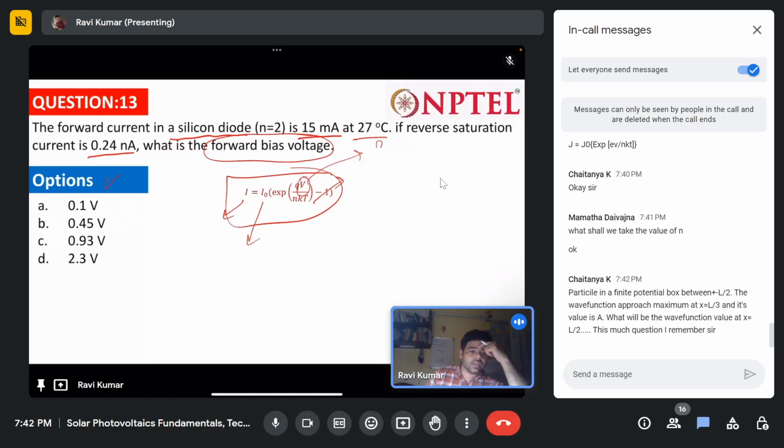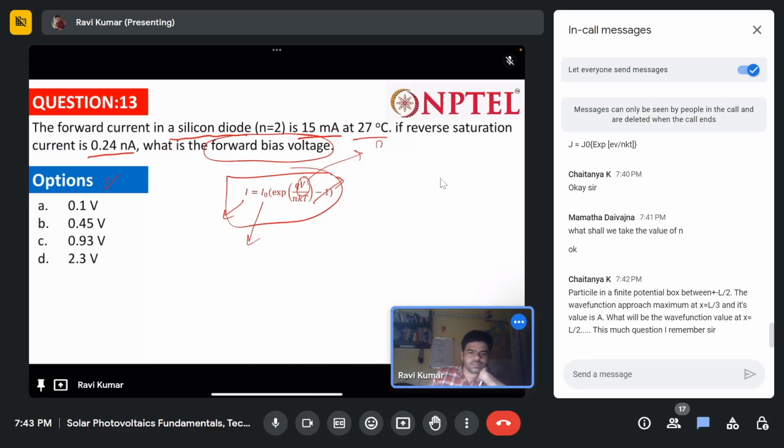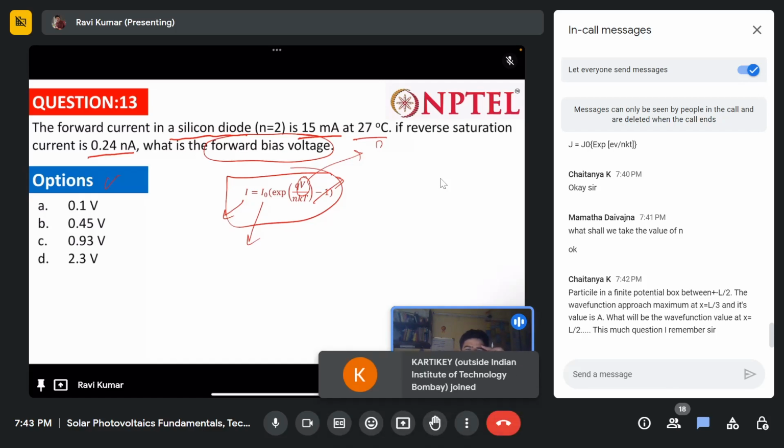Particle in a finite potential box between the wave function approximation of schedules what will the wave function of. Okay, Chaitanya, I'll solve it definitely. Don't worry. So Chaitanya, what is the issue with this question?